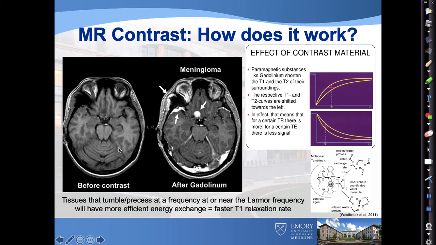As you can see here, once again, we have another example of how we cannot see the meningioma on the T1 pre-contrast image. We inject contrast, and now we can see the enhancement of the meningioma, a benign cancer of the meninges, post-contrast.